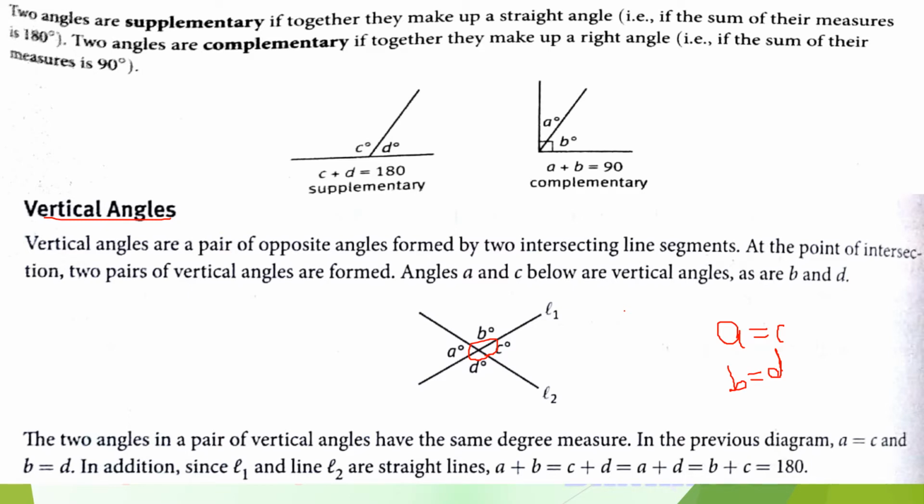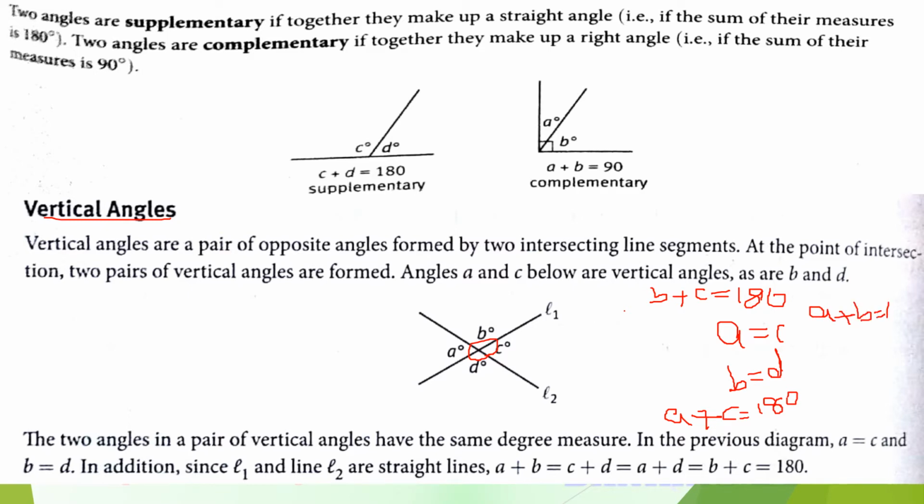Then also you can tell that B plus C is equal to 180 degrees, and A plus D is equal to 180 degrees. Two more combinations are possible: A plus B is equal to 180 degrees, and C plus D is also 180 degrees.